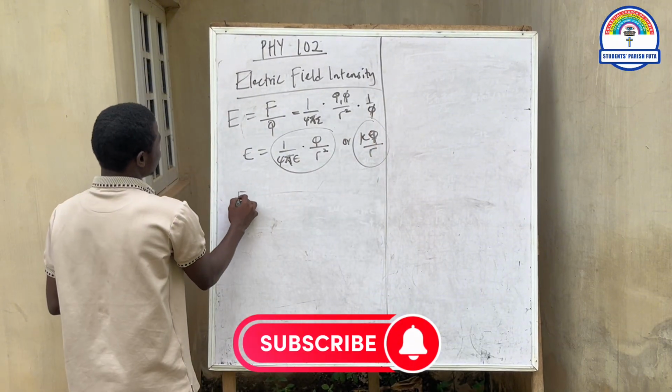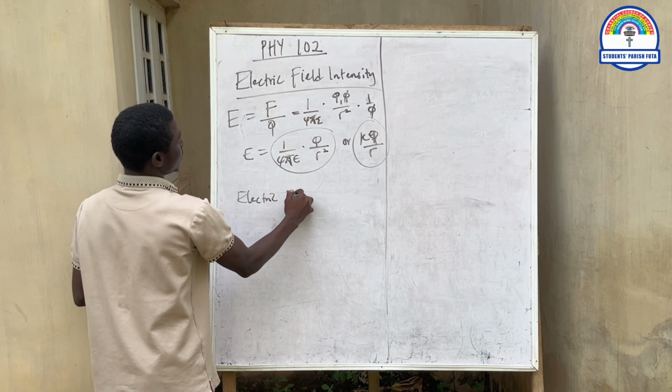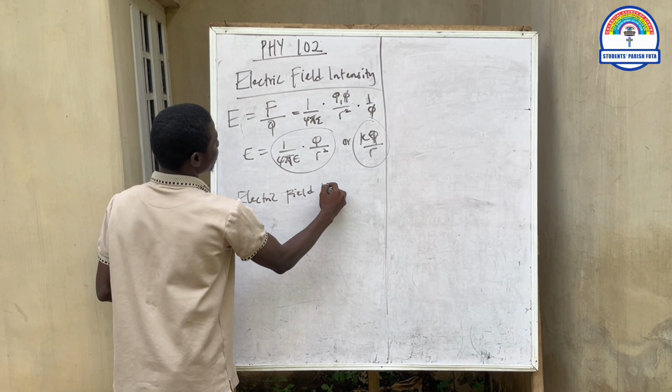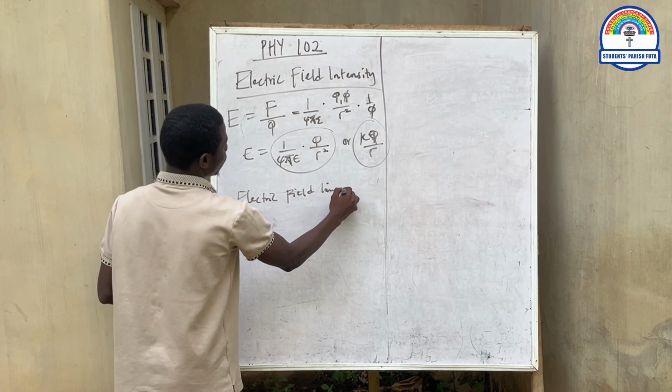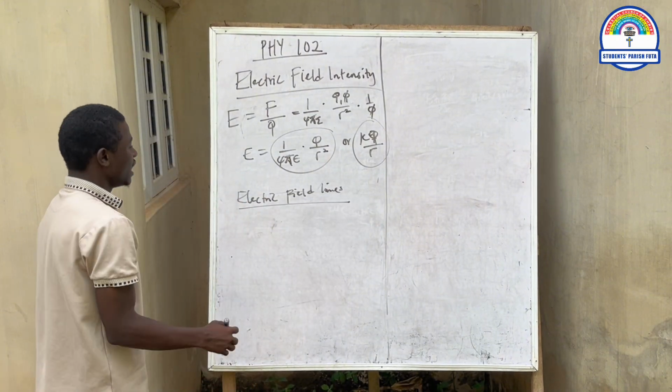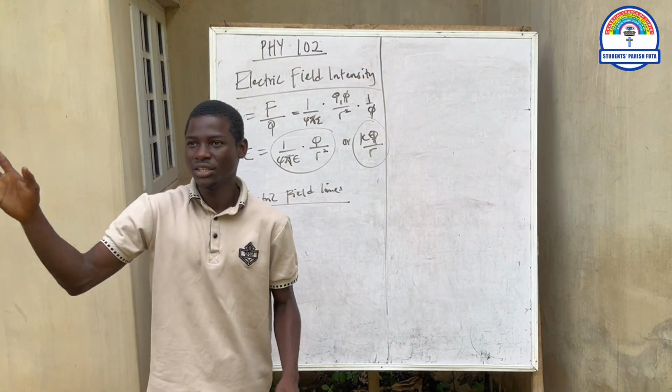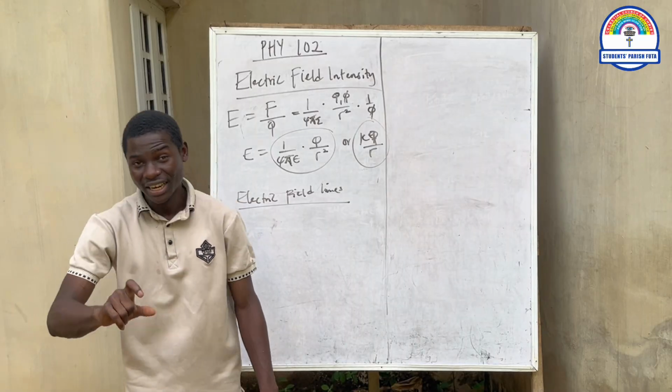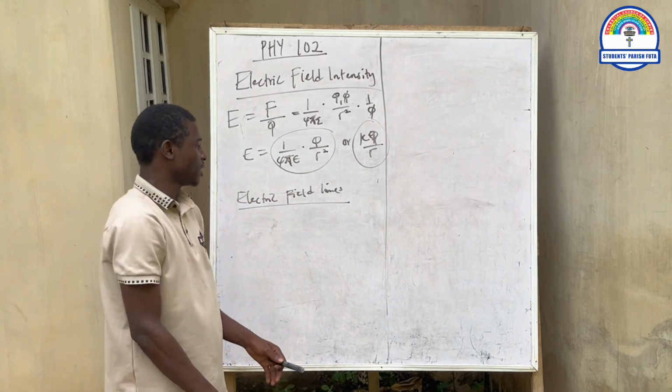Now let's leave that and come to electric field lines. This is a vector quantity. Electric field lines are just lines depicting the movement of your electric charge. So that is electric field line.